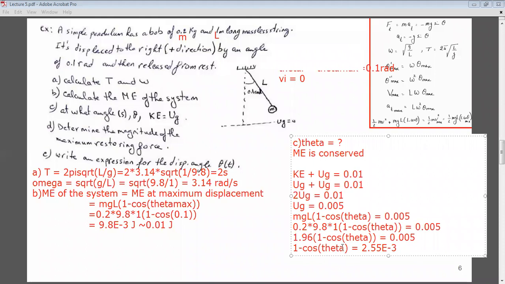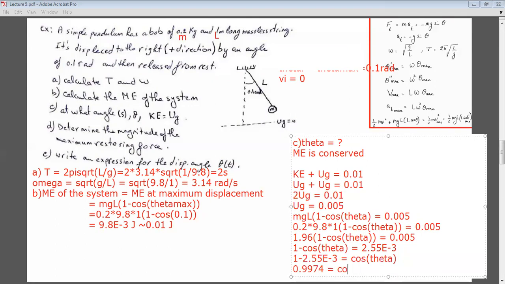Now I take minus cosine theta to the other side, so I'm left with 1 minus 2.55 e to the minus 3 equal to cosine of angle theta. 1 minus 2.55 e to the minus 3 is equal to 0.9974.